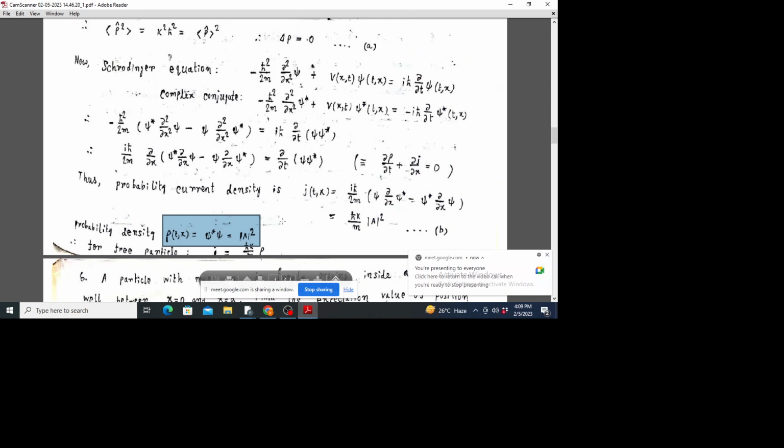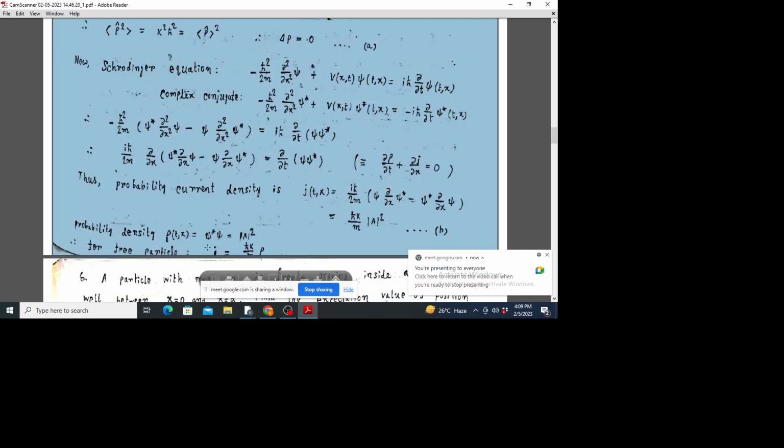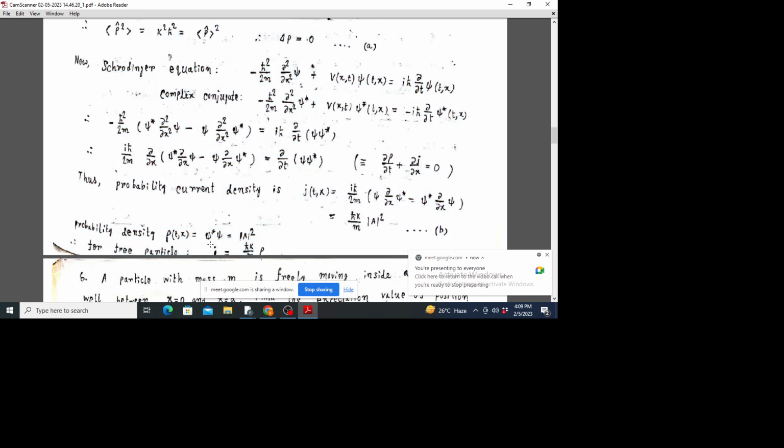So J is equal to h cut k divided by m multiplied by rho.